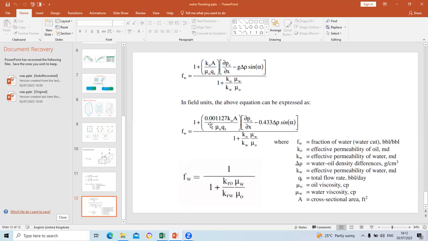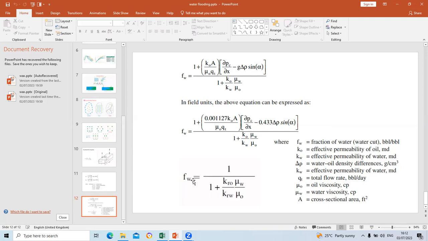All of these terms disappear, and we end up with a fractional flow equation in a simplified form as this. Our essence now is to use this fractional flow equation to analyze and determine the average water saturation at water breakthrough.